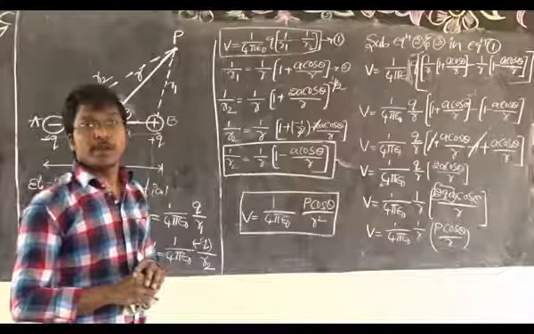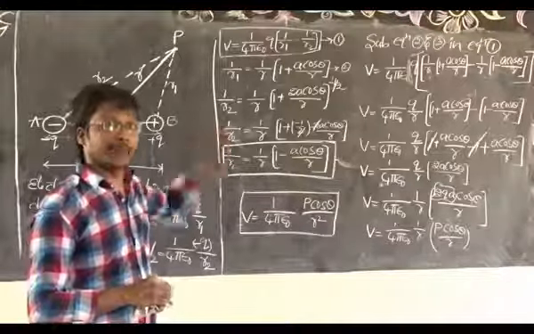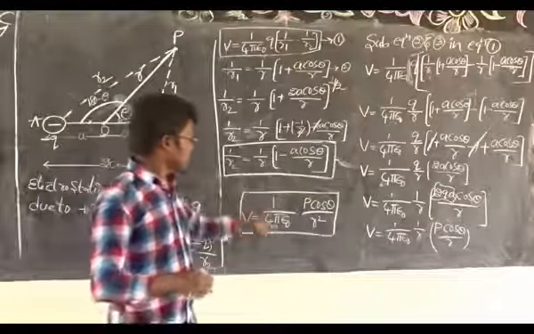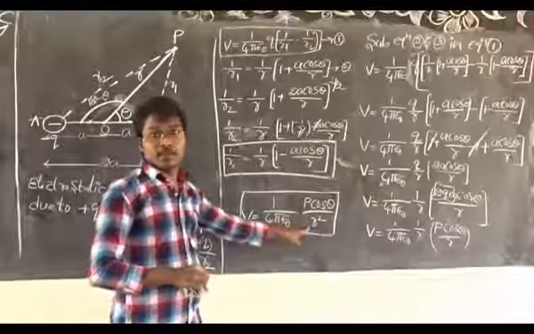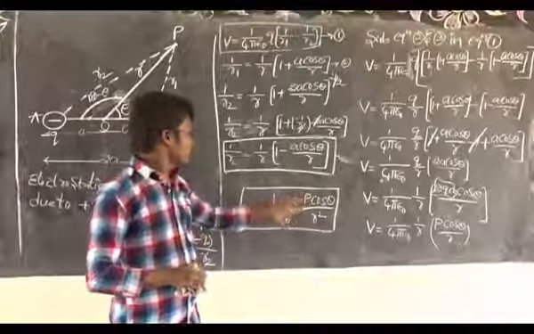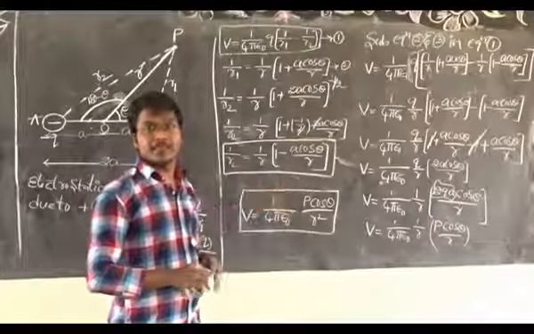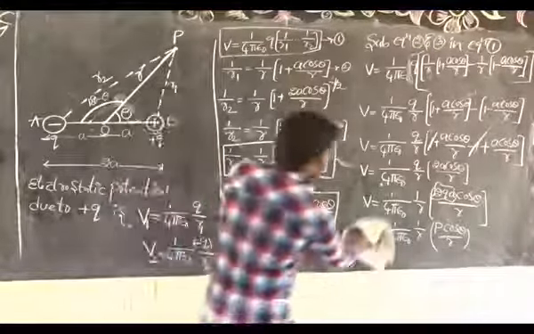Electrostatic potential due to a point charge: V is equal to 1 by 4 pi epsilon naught into q by r. Dipole means V is equal to 1 by 4 pi epsilon naught into P cos theta by r square. This is the final expression of the electrostatic potential. Now we can consider some cases. We'll take some cases. So please read.